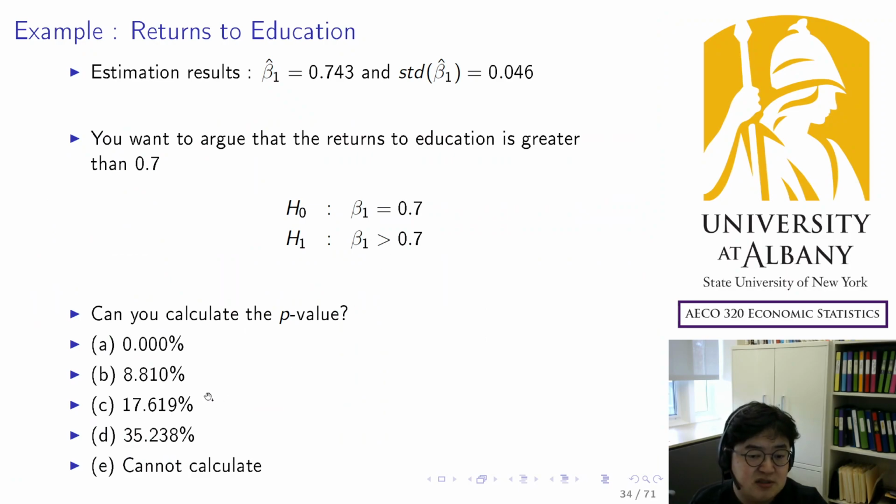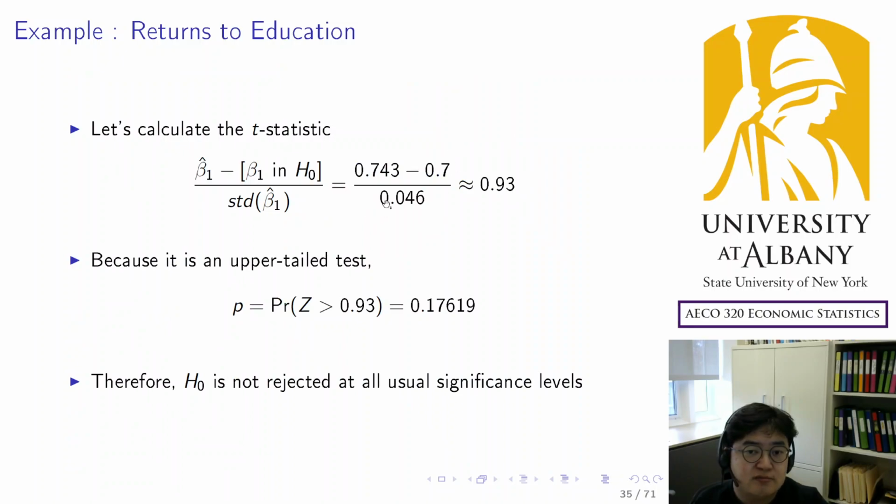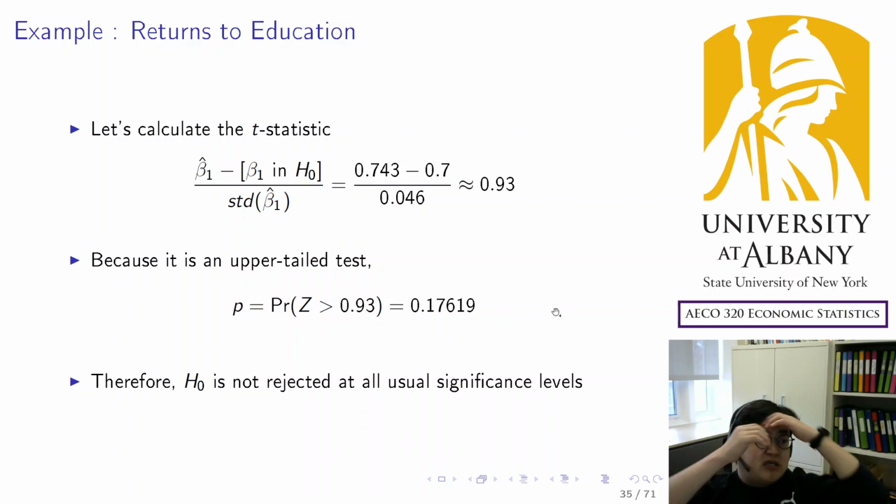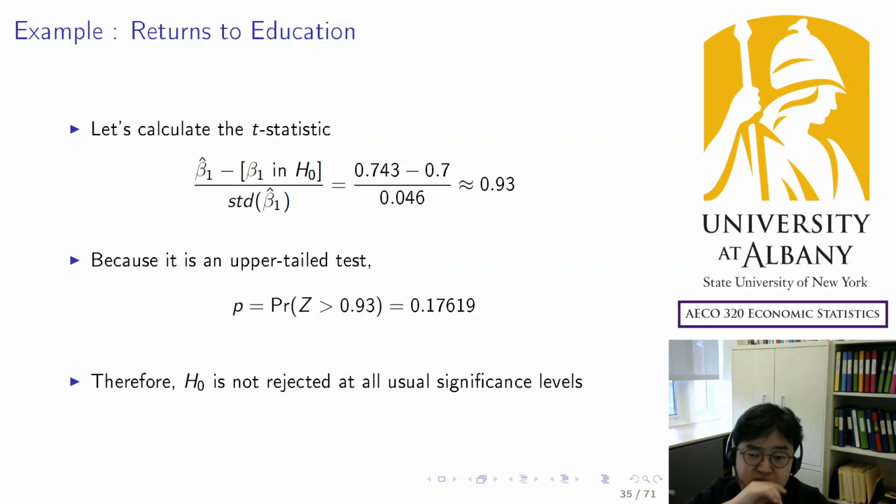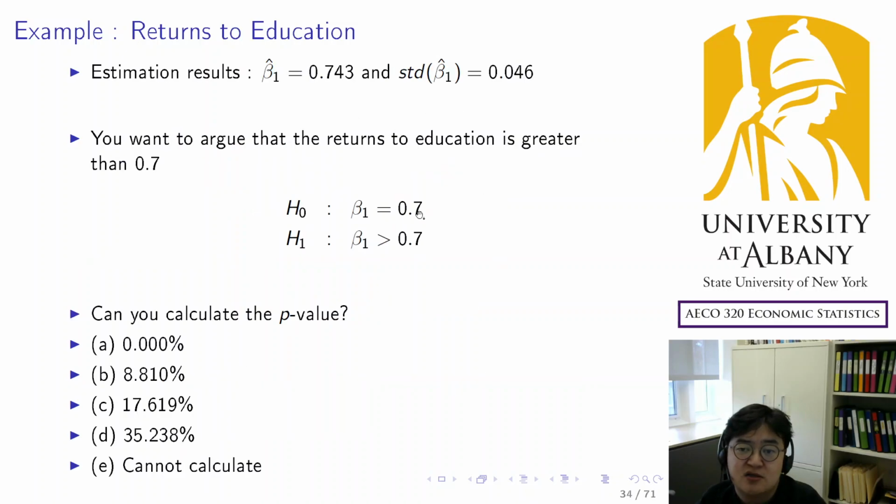So the t-statistic, with possible rounding errors, and the upper tail test give a p-value of 17%. So 17% is high enough, and usually we do not reject for any p-value above 10%. So your null hypothesis is not rejected. You may think of it this way. Your belief is 0.7, and the estimate is 0.743.